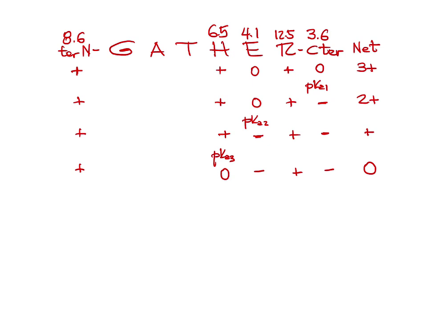Then we continue and go to the next one, that in this case here is going to be the N terminus. The pKa4 is going to be the 8.6. When it is deprotonated, it's going to be 0. The other ones remain as they were. So the overall charge now is negative 1, or minus 1, or 1 minus.